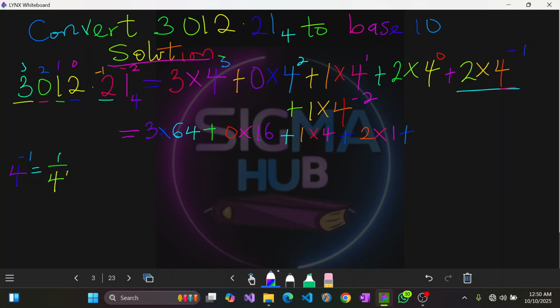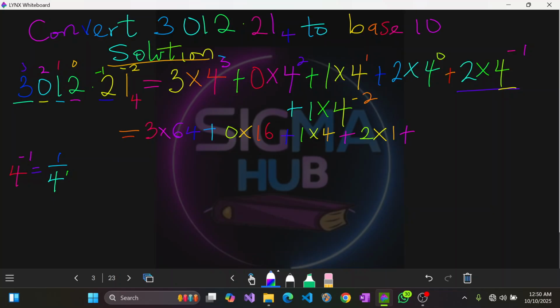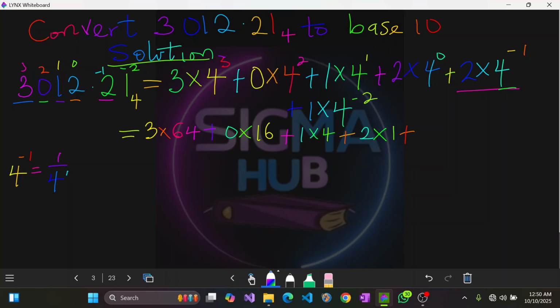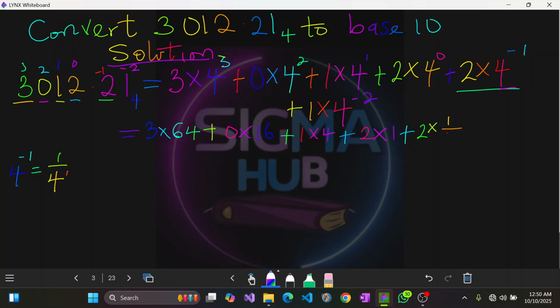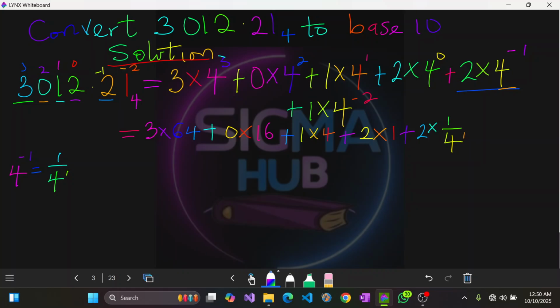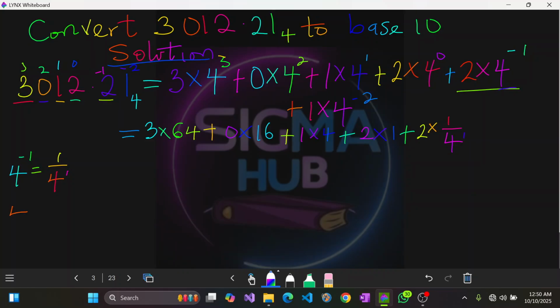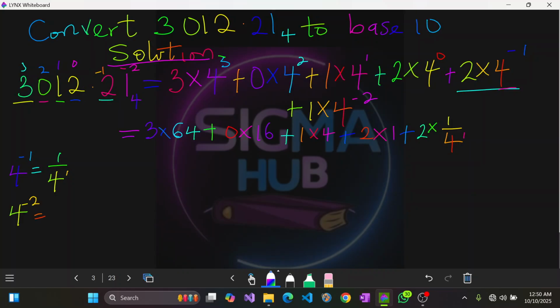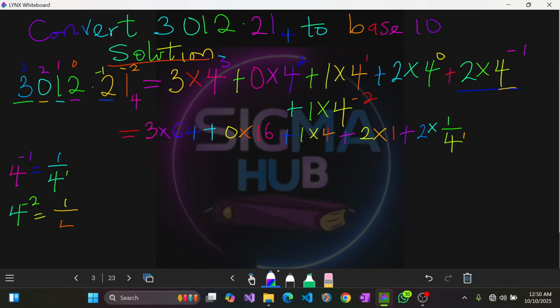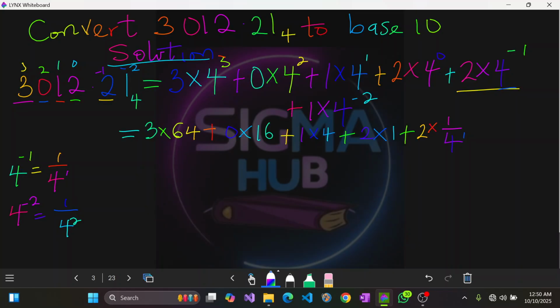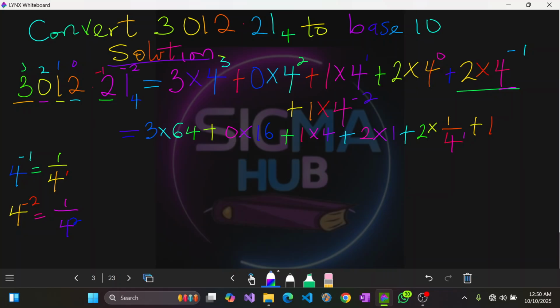So we have plus 2 times 1 over 4 raised to power 1. Then 4 raised to power of -2 would equally mean 1 over 4 raised to power 2. So multiply by 1. So we have plus 1 times 1 over 4 raised to power 2.